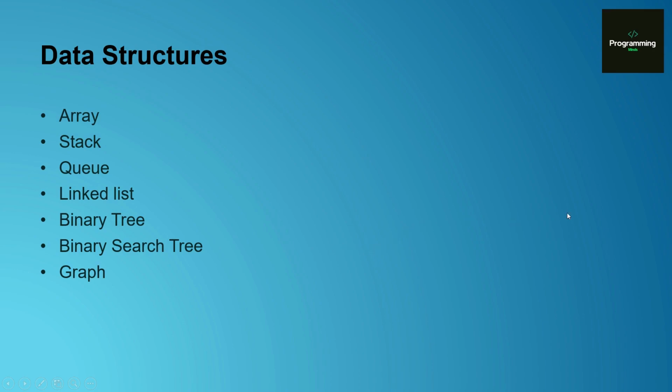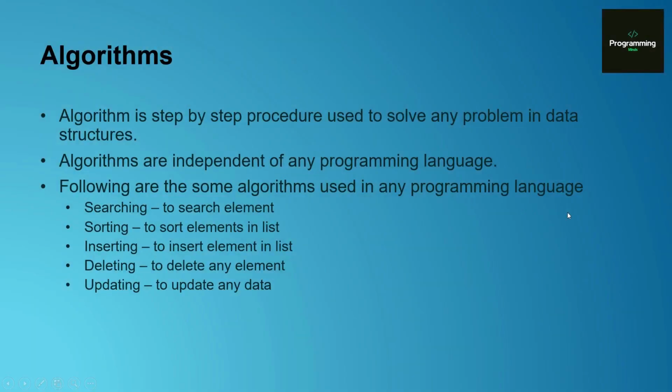Okay, so let's go to algorithms now. An algorithm is a step-by-step procedure used to solve any problem in data structures. If there is any problem in a data structure, we will use algorithms to solve that problem. Algorithms are independent of any programming language.